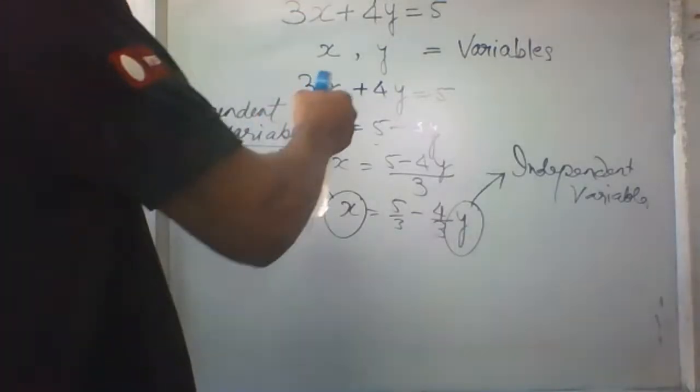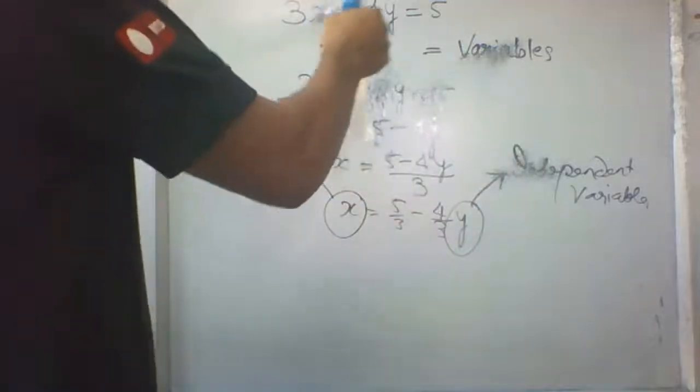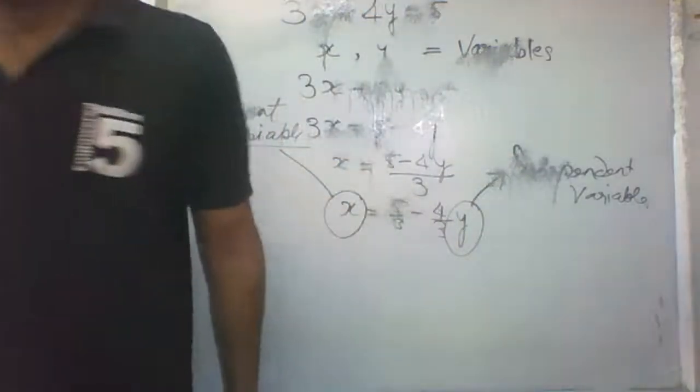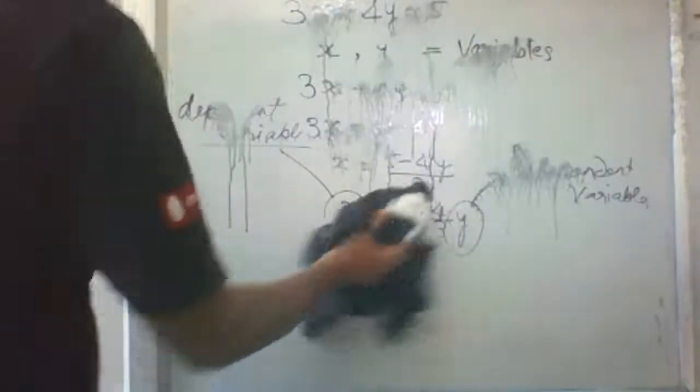I am showing you where these dependent and independent variables are important, because you must know about dependency and independency before solving such questions. If you are not aware of them, these questions will be complicated and you can lose one, half or two marks.